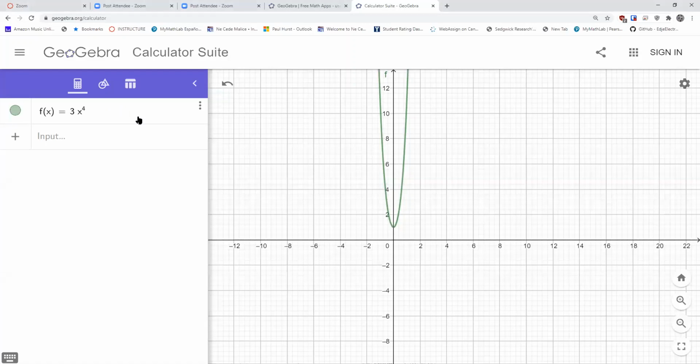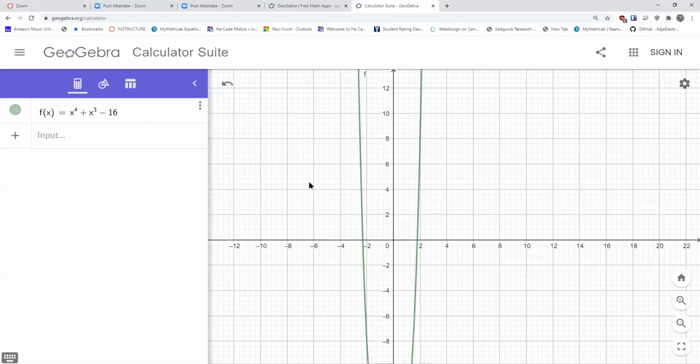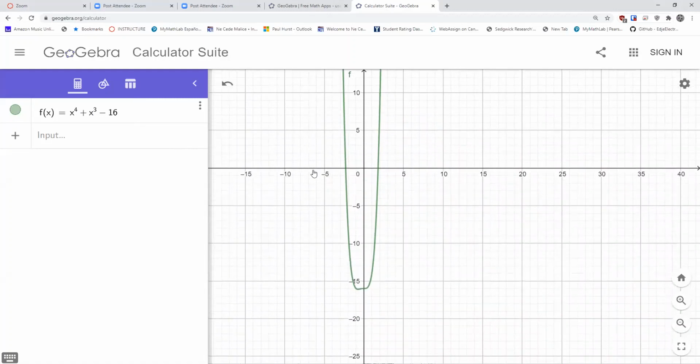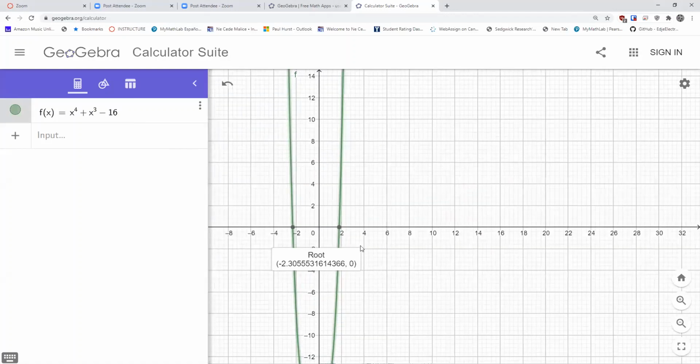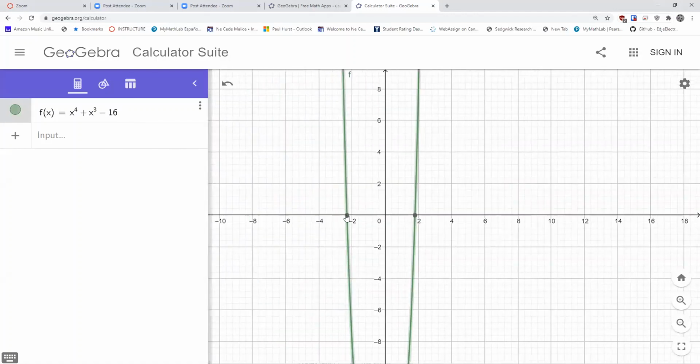Okay, and we'll erase that one, and we'll put in x to the 4th plus x to the 3rd minus 16. Okay, so that's what the graph looks like, and we have 2 zeros.